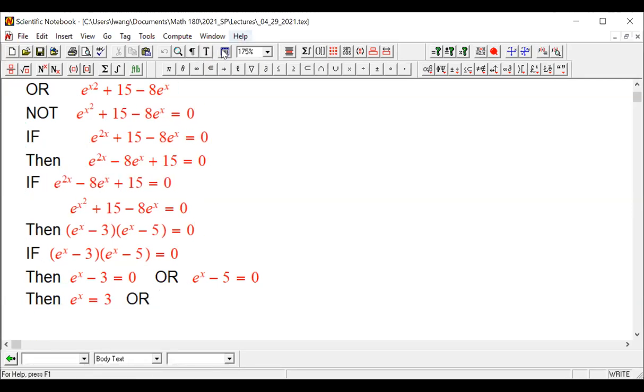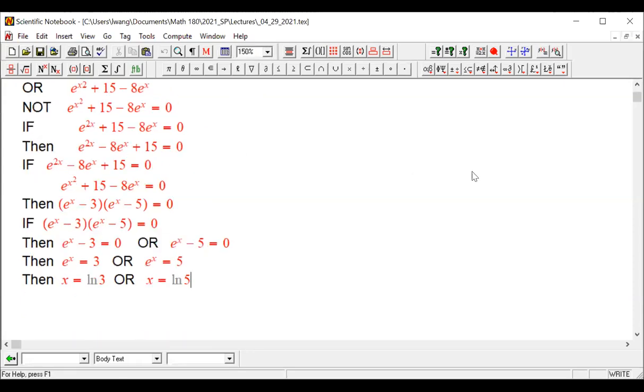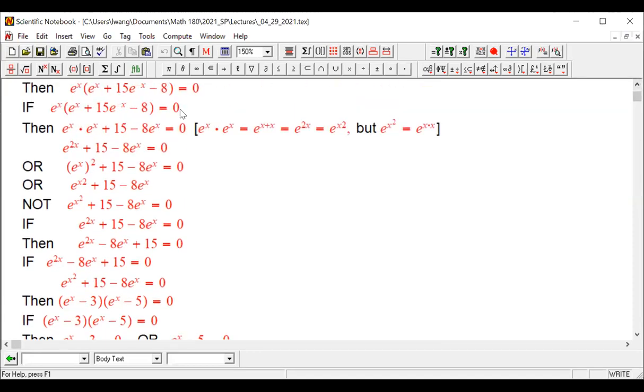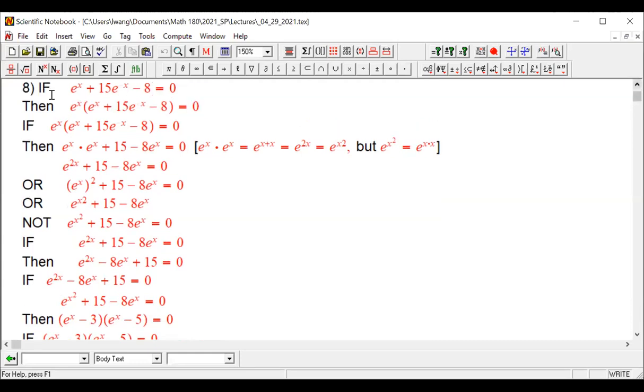Or e to the power x equals 5. And of course, another if then. So it's a string of if then in mathematics. x equals ln 3 or x equals ln 5. Right? So you can see, if you use the full sentences of mathematics, you just keep doing if then.